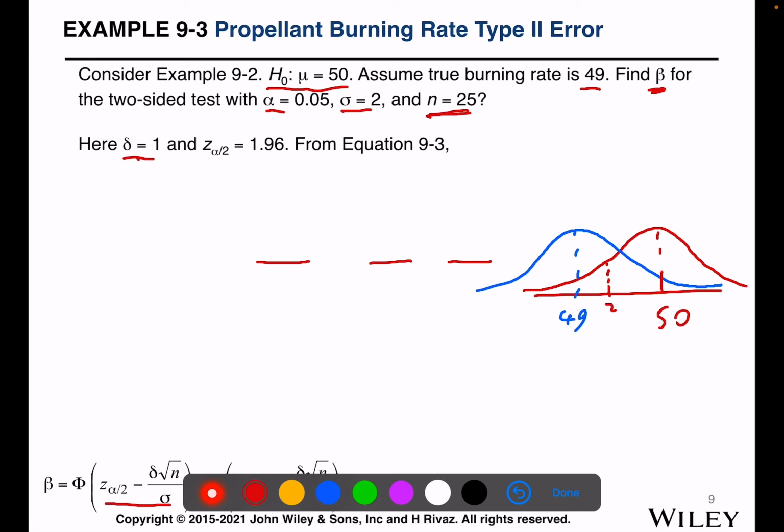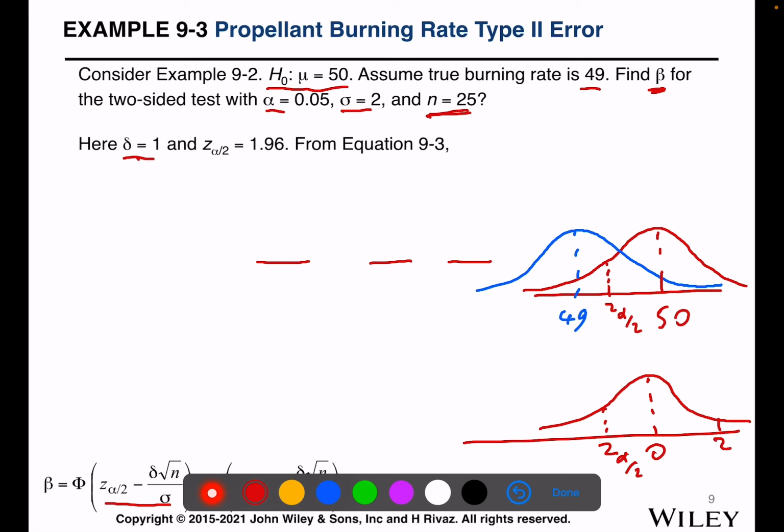Z of alpha divided by 2 calculated from this 50. Writing it like this is not strictly correct. Z means that it has already been transformed to the standard case, meaning that this is 0 exactly, and this is Z of alpha divided by 2.